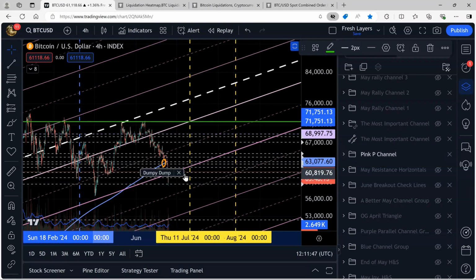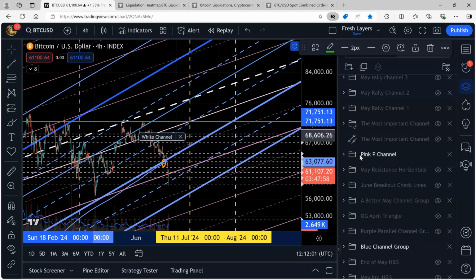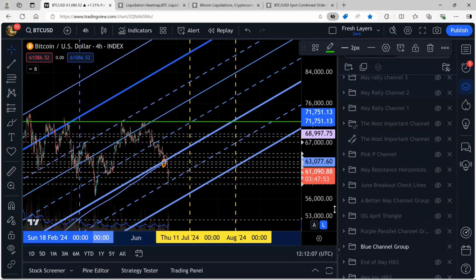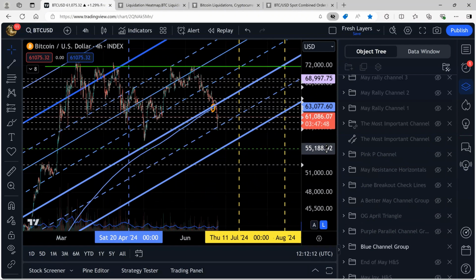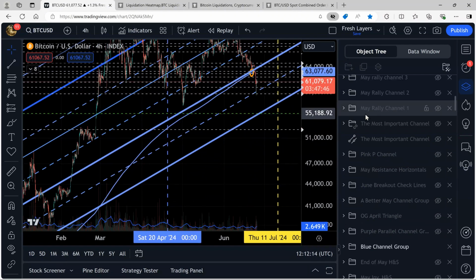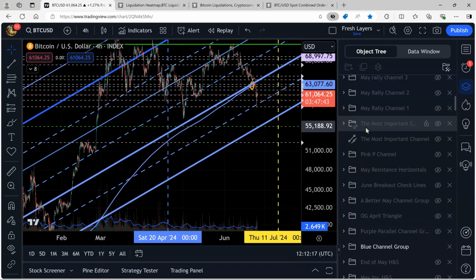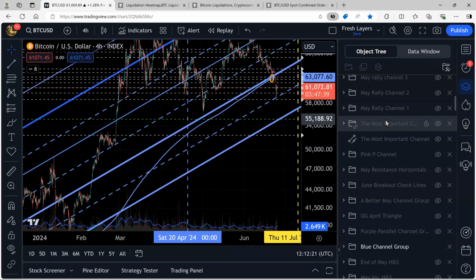Anyway, the point I'm making here is that we should be continuing up. What we've done is perfectly in line with our channels here. Now if we use this, you still get a base.